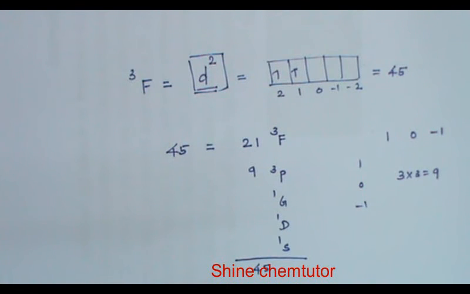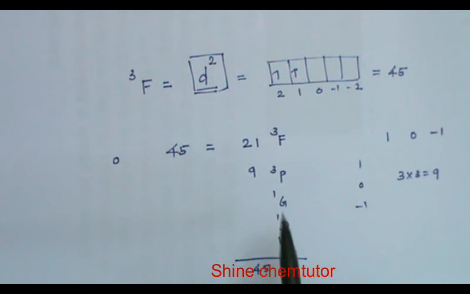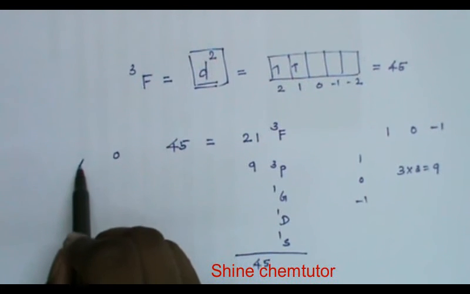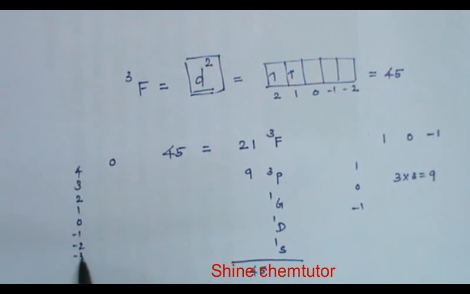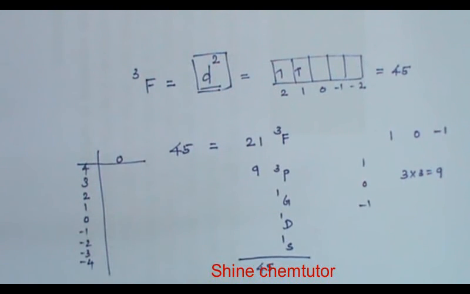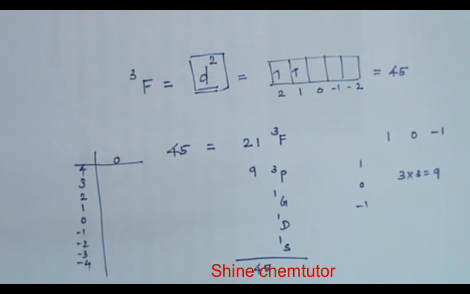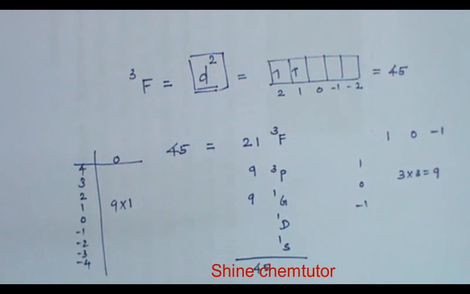When the S value is 0, the spin multiplicity will become singlet. So we get only one column. For G term, the L value will be 4. So what I get is plus 4, 3, 2, 1, 0, minus 1, minus 2, minus 3 and minus 4. So there are 9 rows and 1 column. So I will get 9 microstates for this.